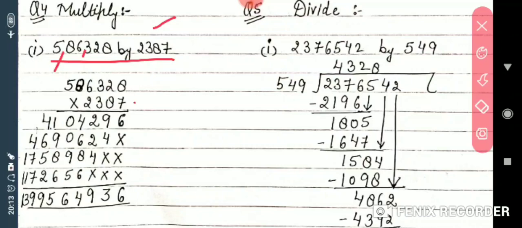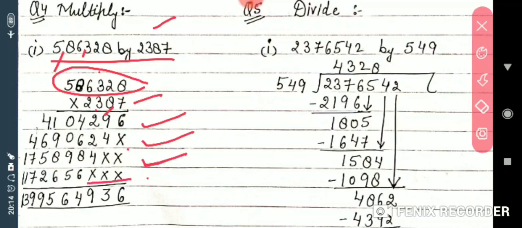2,387. So as you know very well, first this 7 will be multiplied by this number, we will get this number. Then this 8 will be multiplied by this number, then we will get this number. First we will put one cross sign. Then third step, we will put 2 cross signs and we will multiply 3 by this number, we will get this number.